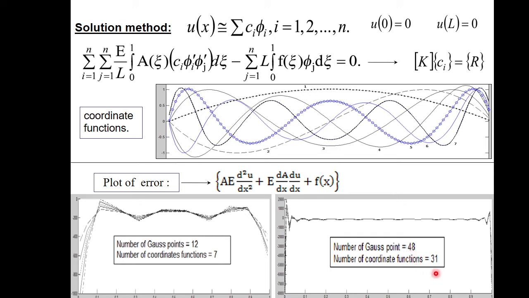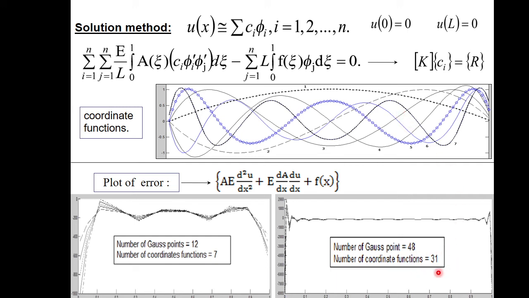So why is it like this? Actually, for each of the functions, the degree of the function, say it is quadratic, then cubic, and then it will go on. The polynomial degree will go on increasing.